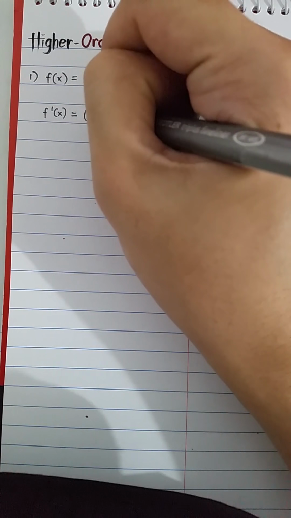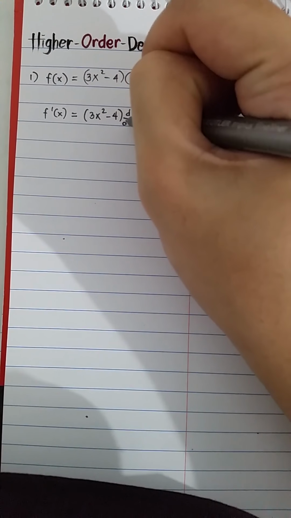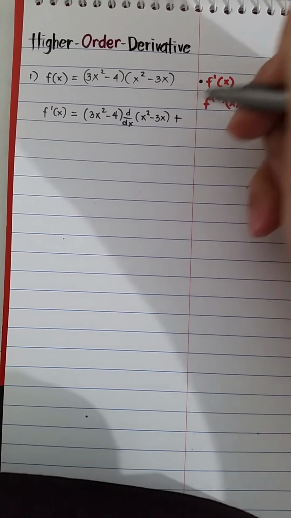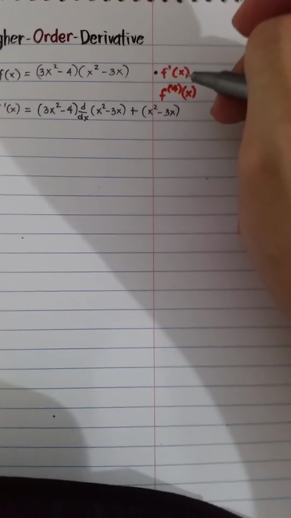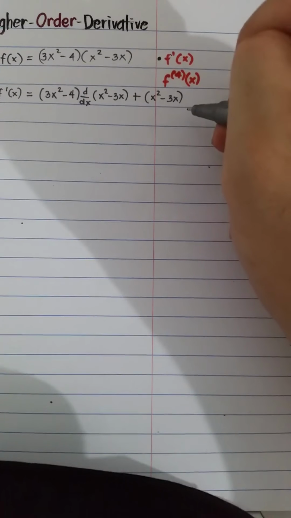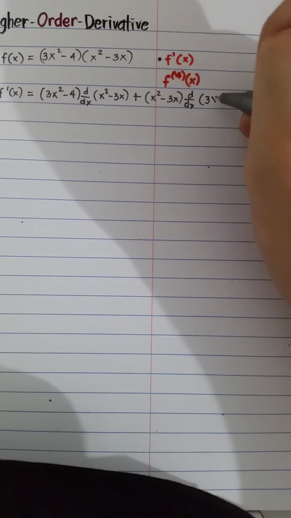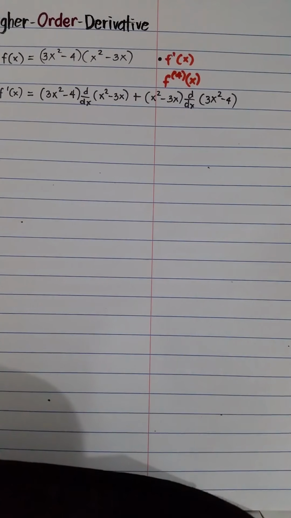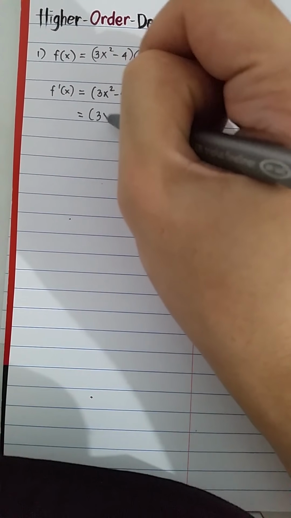So this is 3x squared times the derivative of the second factor, and then plus the derivative of the other factor times 3x squared minus 4.